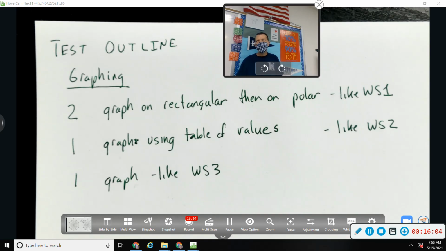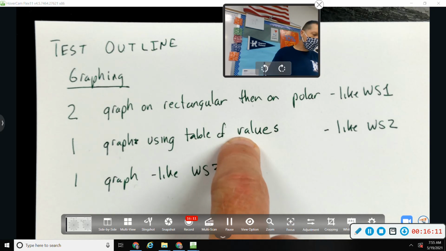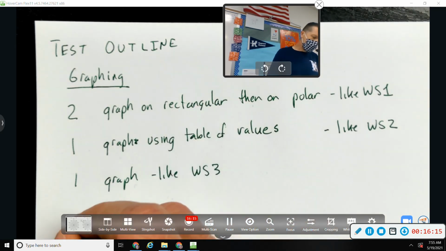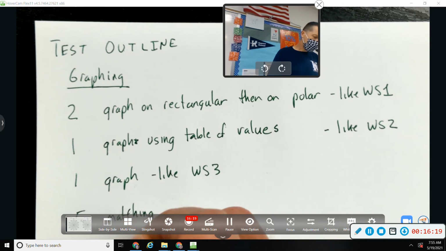Now you could kind of treat all of them like worksheet 3 because you know what the shapes are, but we still want to see a table of values for one of them, and we want to see a rectangular graph for 2 of them. And then there are 5 matching problems, also like worksheet 3.